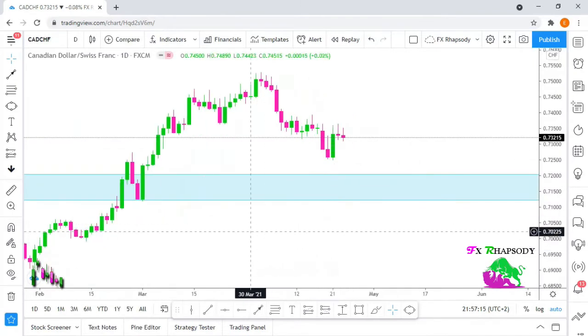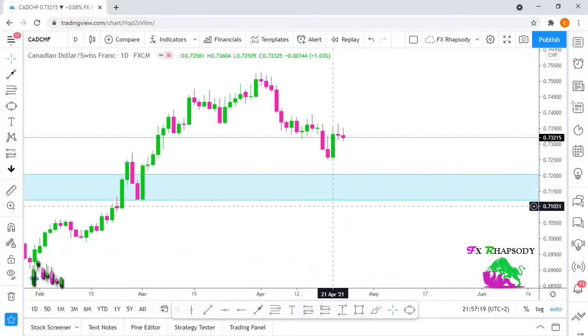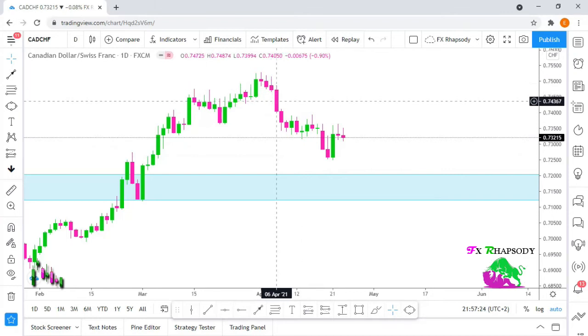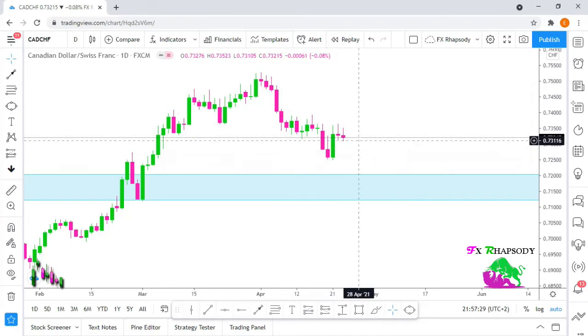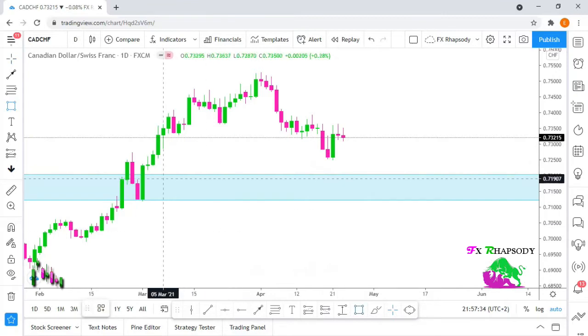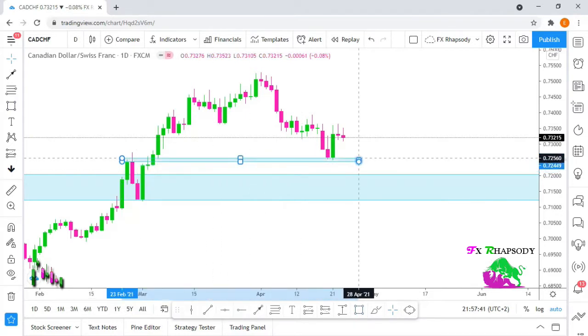On the daily time frame, this area is the key area that we're waiting for price to come down to. We can see that price has been falling nicely, making lower lows, lower highs. So the next movement we are expecting might be this lower low, but I'm just going to draw in this area right here.